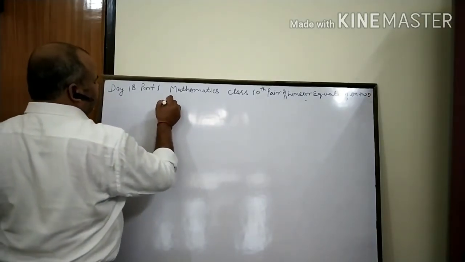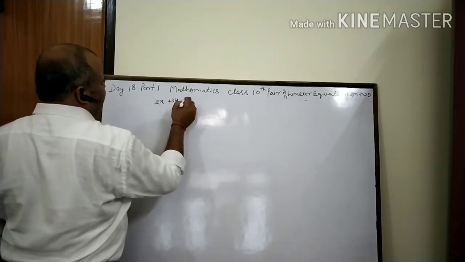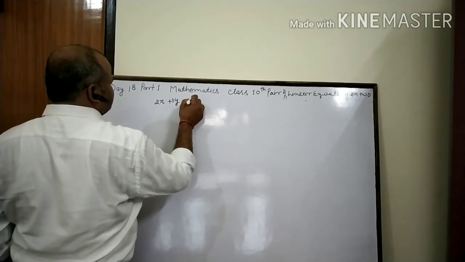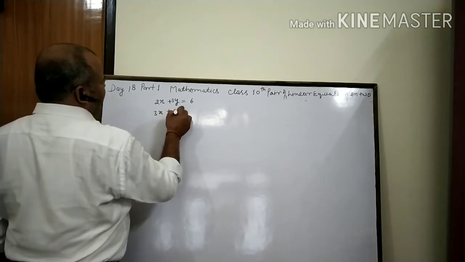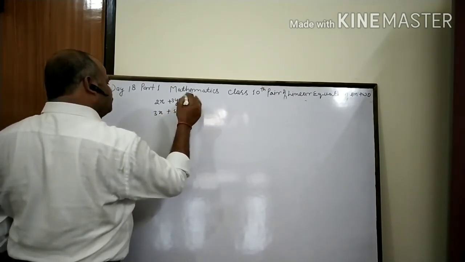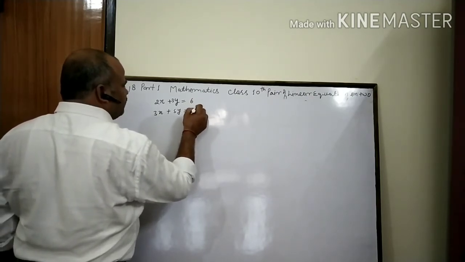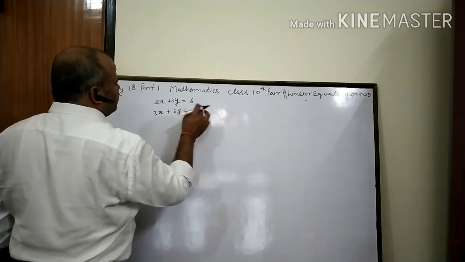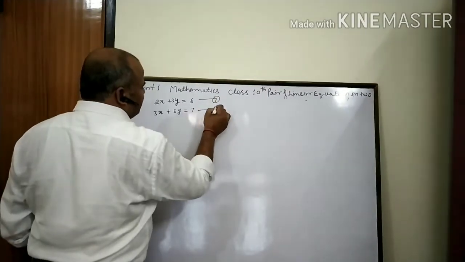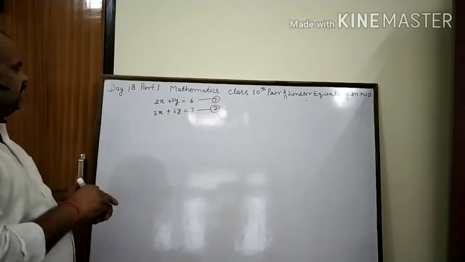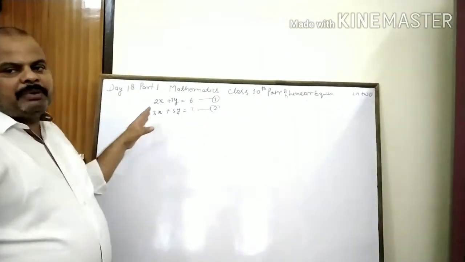Suppose 2x plus 3y is equal to 6, 3x plus 5y is equal to 7. It is a pair of linear equations in two variables, and you want to find the value of x and y algebraically.